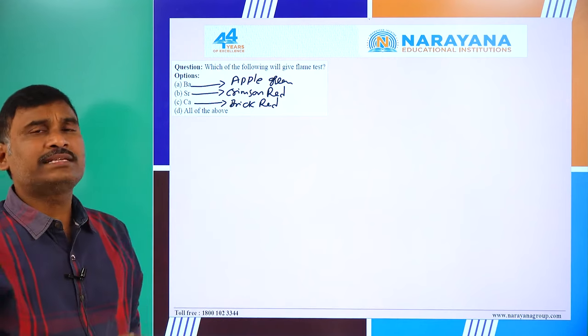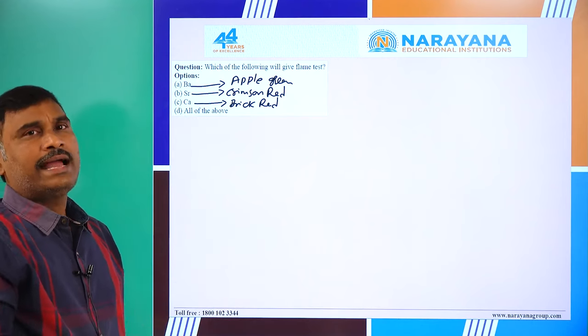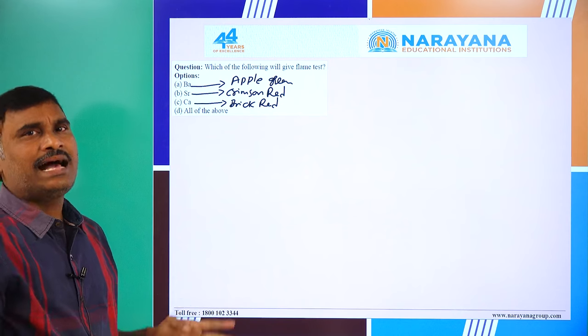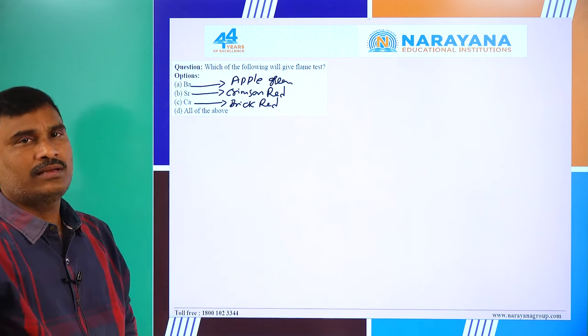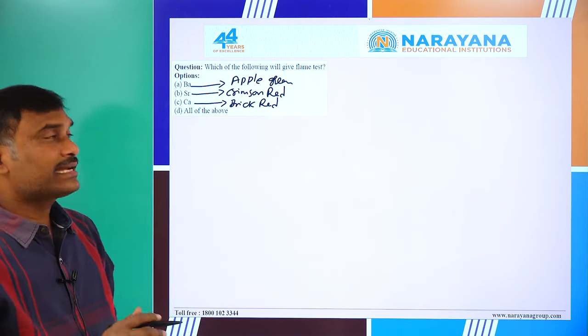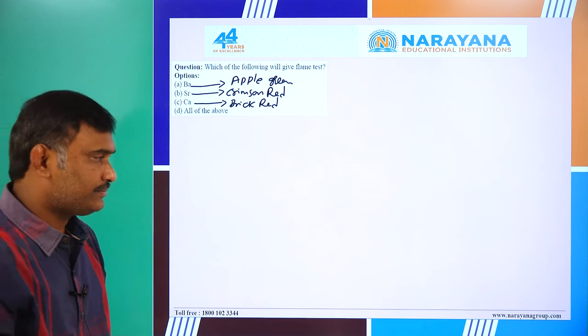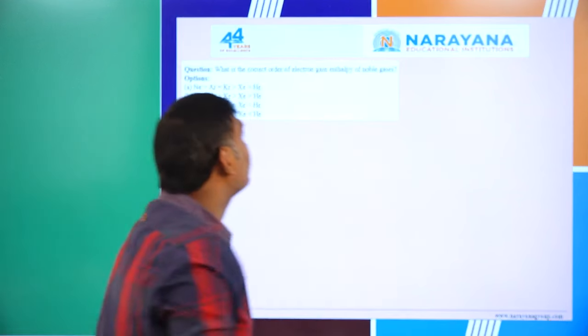So, by using this flame test, we can identify the given element. As a preliminary test, they are useful. This is the test for the second A group elements by the flame test. Go for the next one.